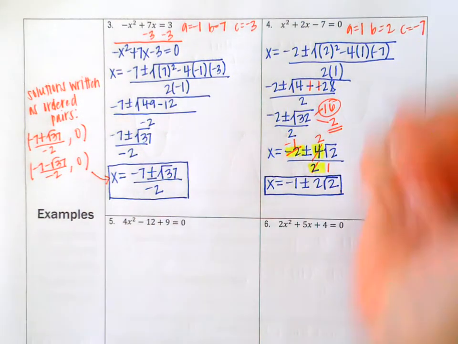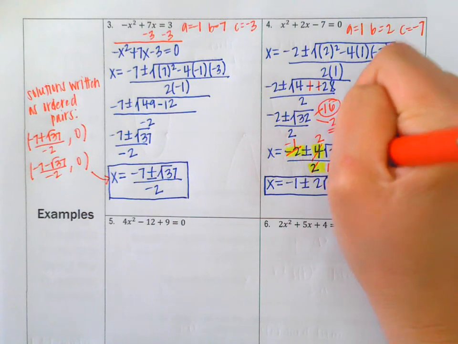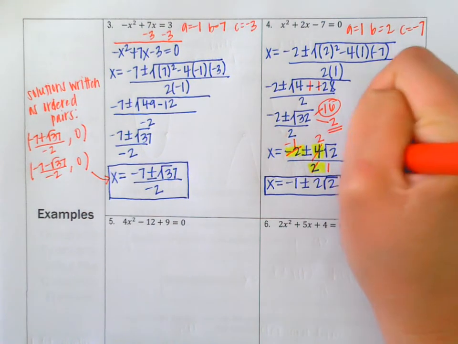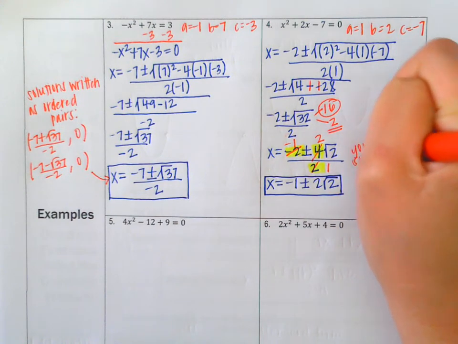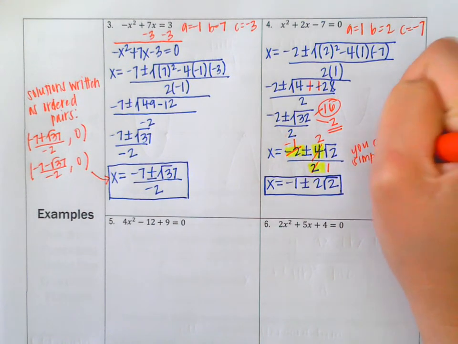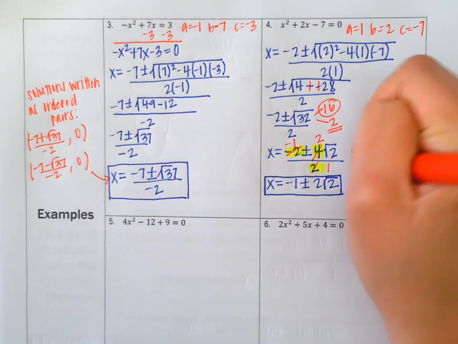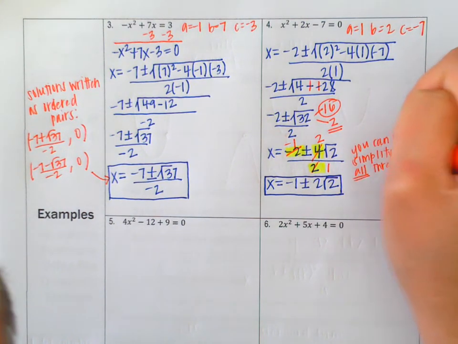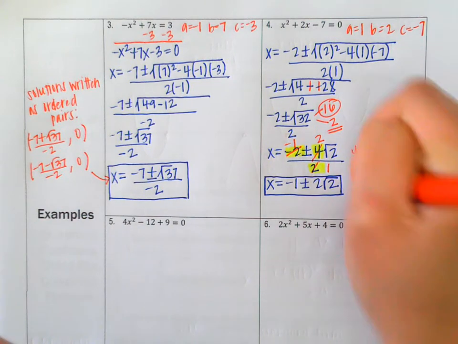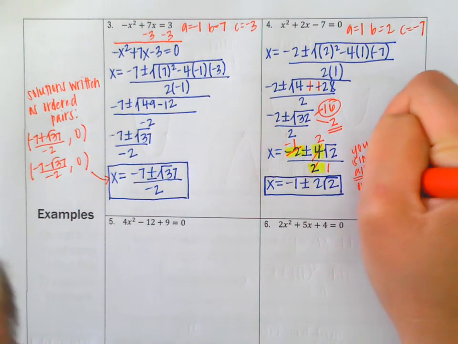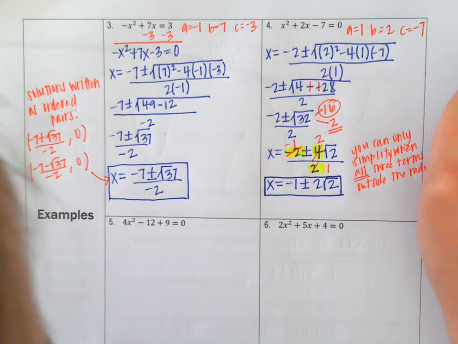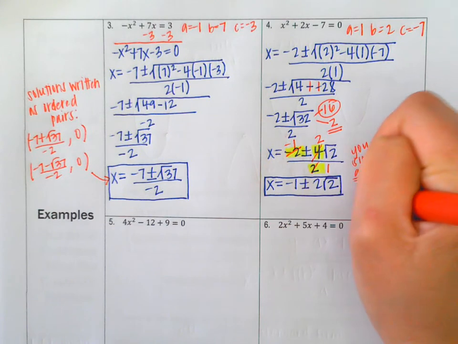So you can only simplify when all 3 terms outside of the radical are divisible by the same number.